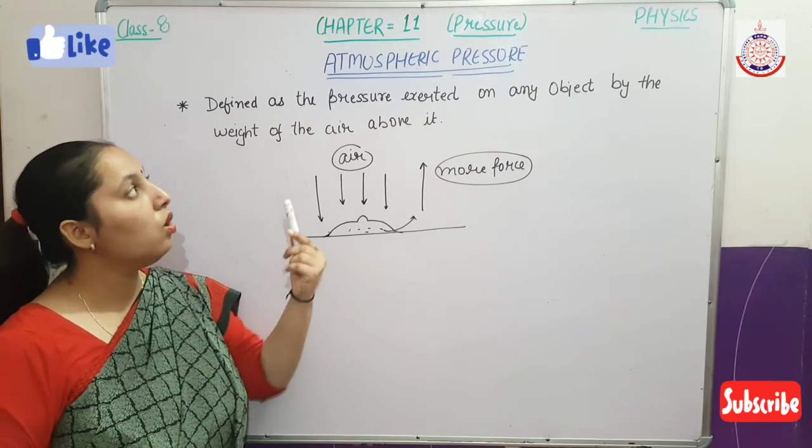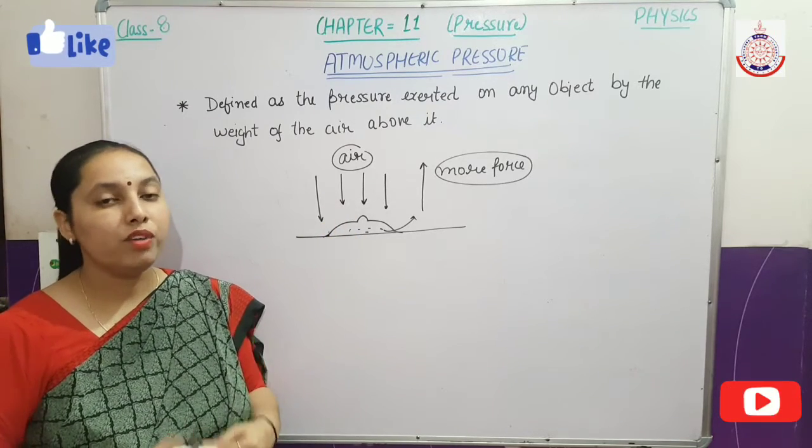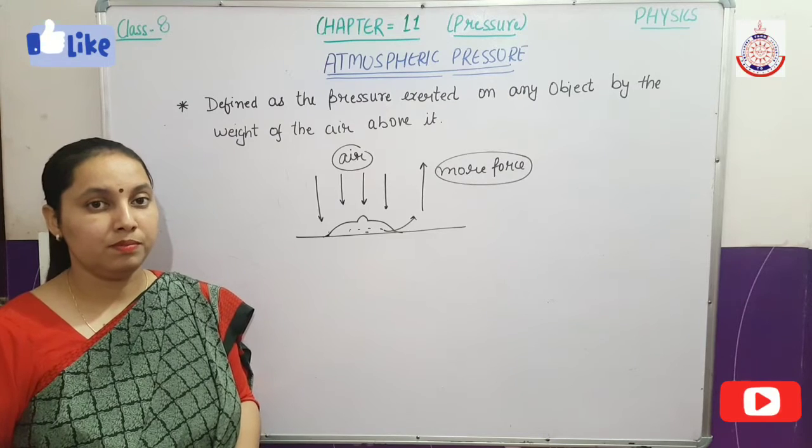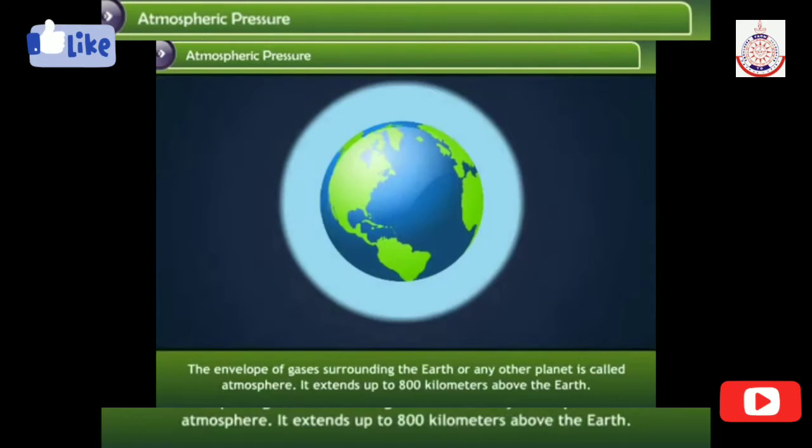You can also understand this atmospheric pressure with the help of this activity. Atmospheric pressure is the pressure exerted by the atmosphere of Earth. The envelope of gases surrounding the Earth or any other planet is called the atmosphere. It extends up to 800 kilometers above the Earth.